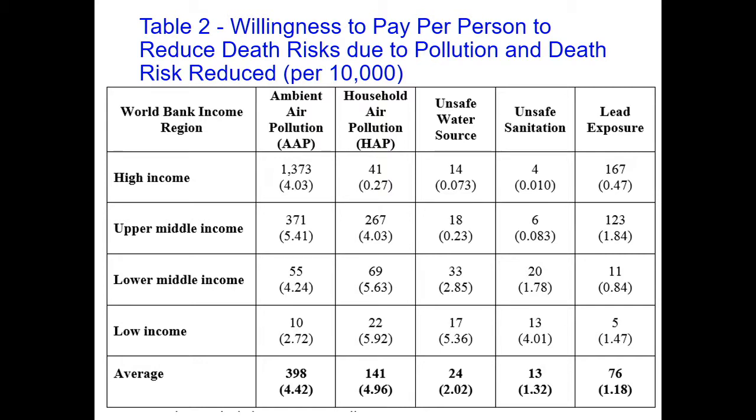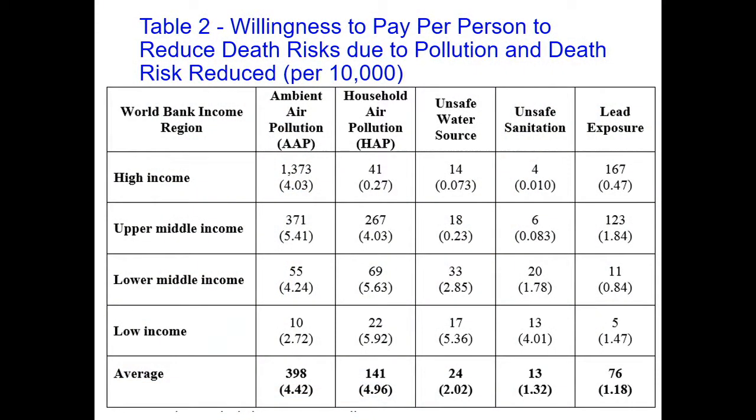It's actually higher risk in upper middle and lower middle income countries, a little lower though in low income countries. And so, you can see the magnitude of these risks. You can also see for household air pollution that risk in upper middle, lower middle, and low income countries is actually higher than the individual risk from unsafe water source or unsafe sanitation.